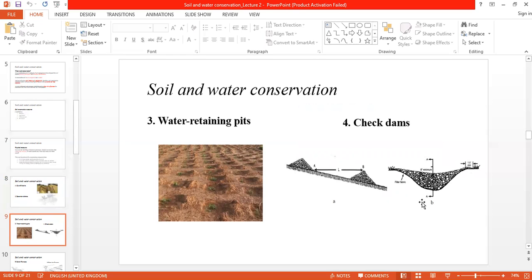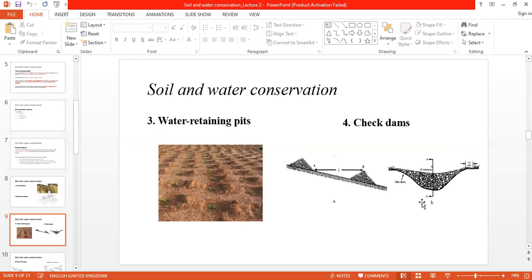This practice is for conserving water, but because of this roughness that you now produce by digging the small pits, as the water is flowing on the surface, the speed will reduce and the erosion will also reduce.